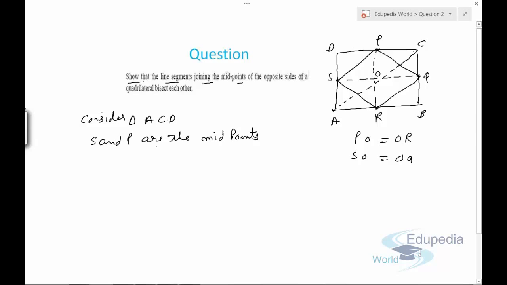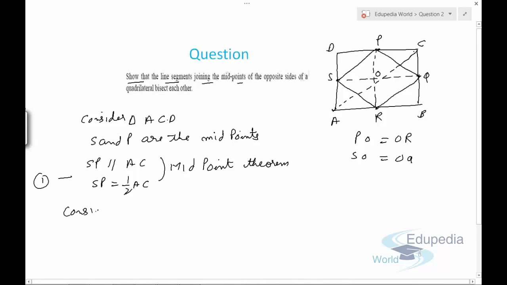Now according to the midpoint theorem, the line joining the midpoints of two sides of a triangle is parallel to the third side and is also half of the third side. So SP is parallel to AC and SP is half of AC, by the midpoint theorem, right? So let it be first.